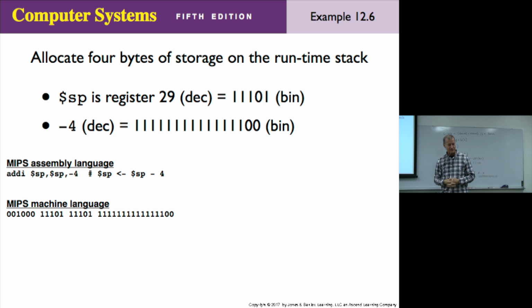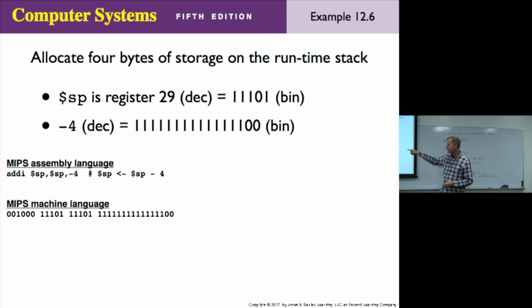Well, in MIPS they don't have special instructions. The stack pointer is just one of the registers in the register bank. So you just use add immediate. Here's an example: you take $SP and then a -4.